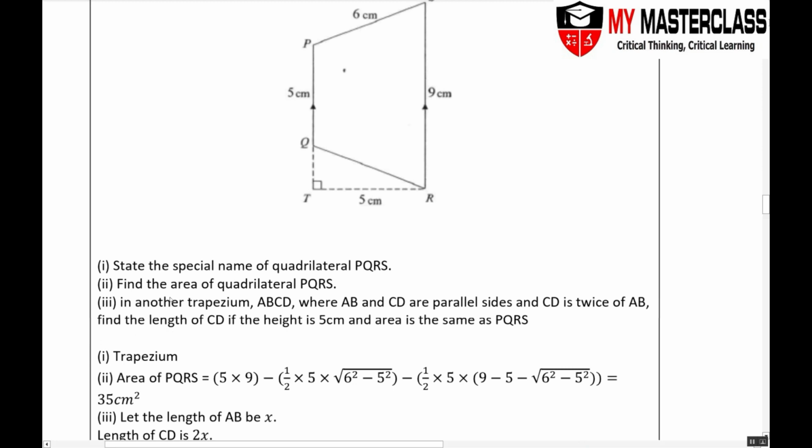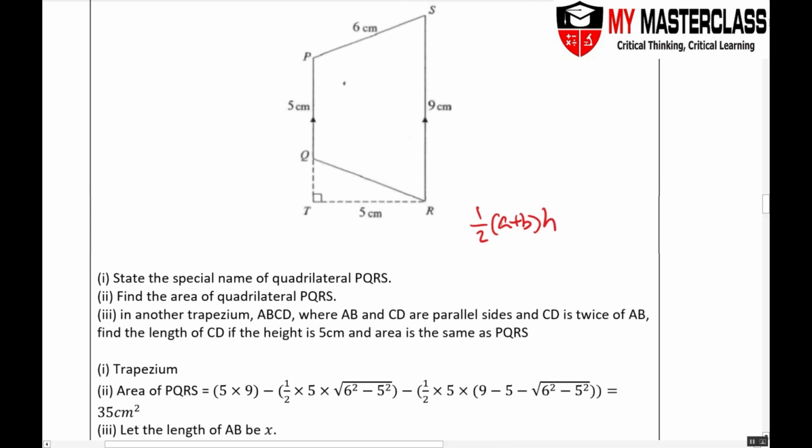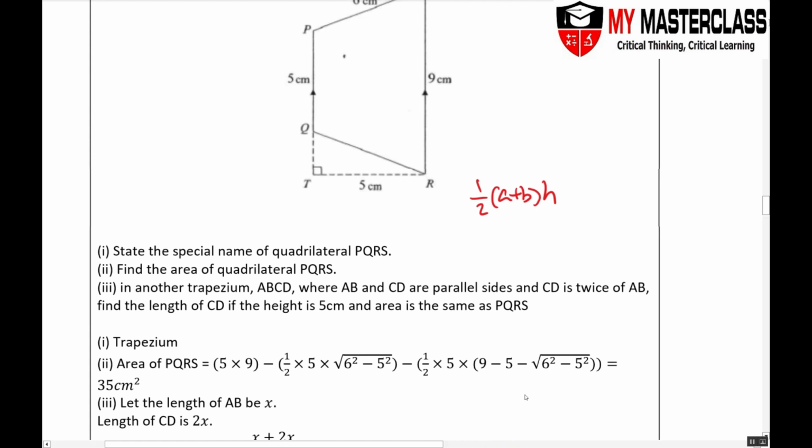Part 2, find the area of the quadrilateral PQRS. If you remember, the area of a trapezium is half times A plus B times height, where A plus B is the sum of your parallel sides. So let's just work it out using the formula that we have learned.